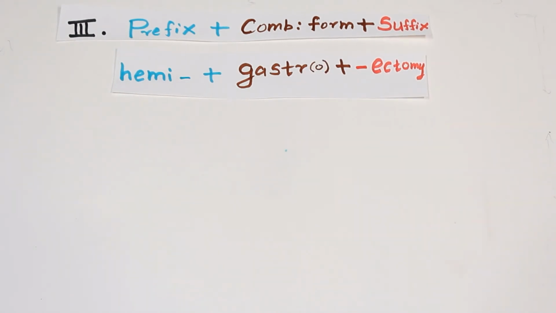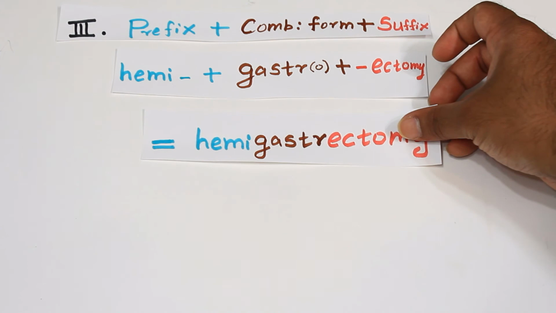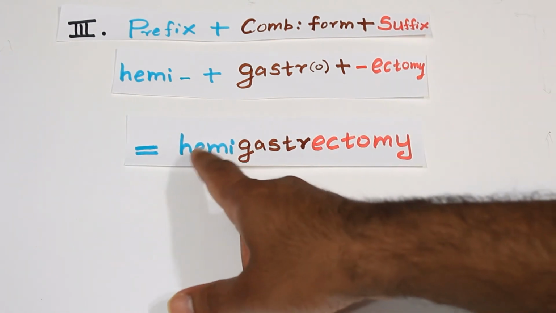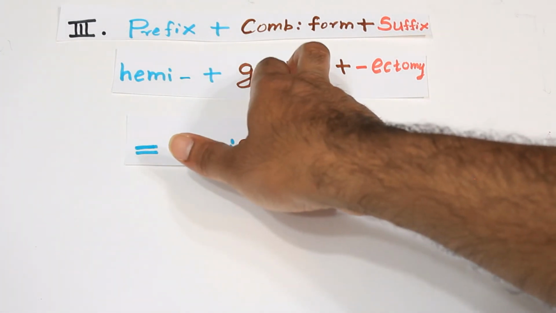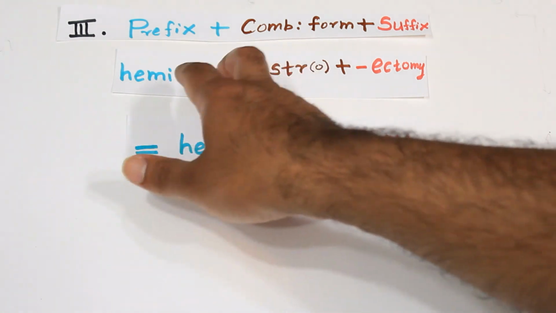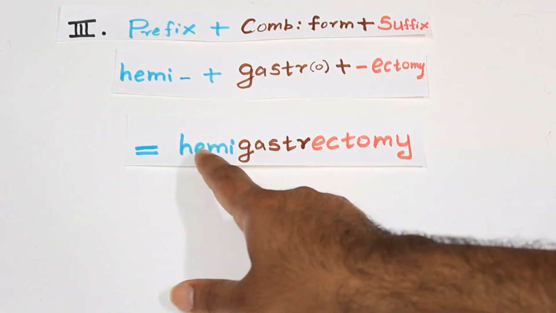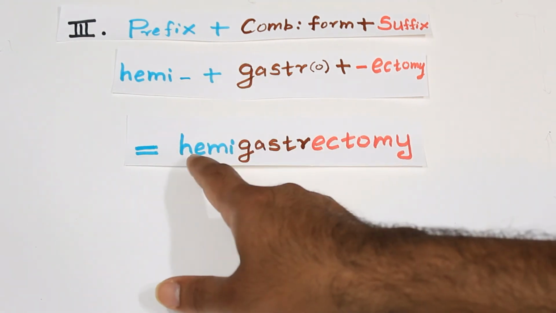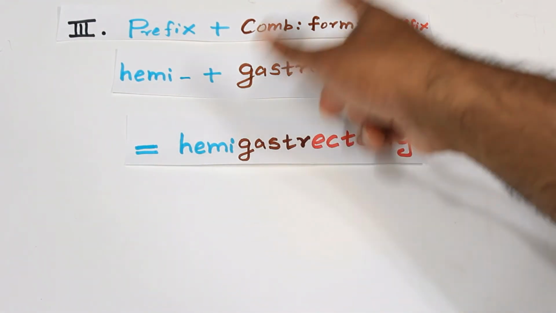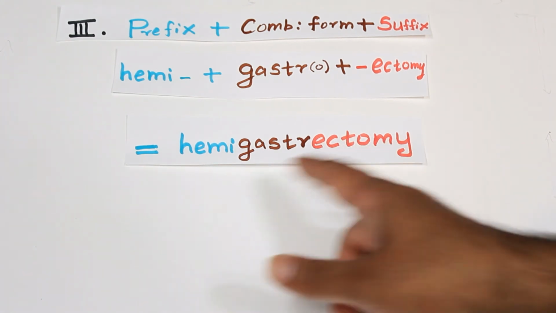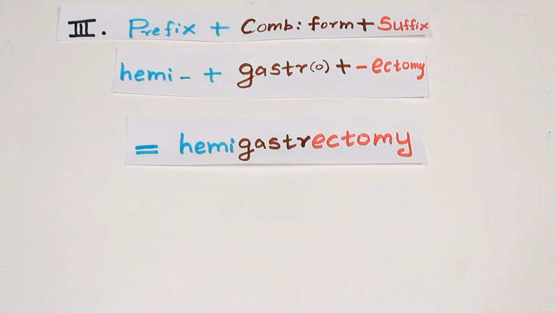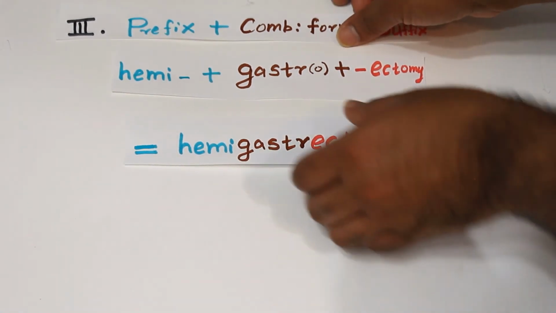So this stays the same, hemi, gastr, the O going out: hemigastrectomy. Okay, the third one is done.